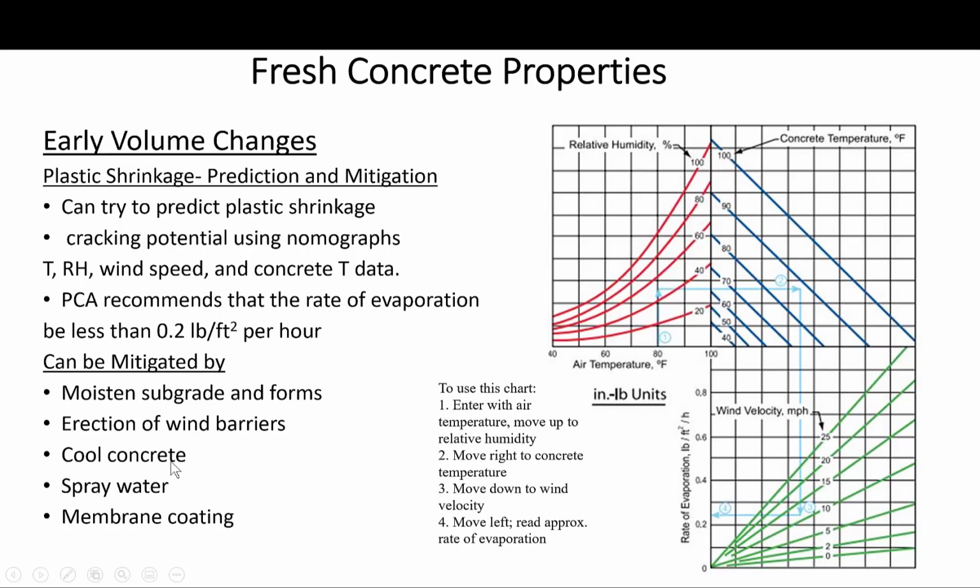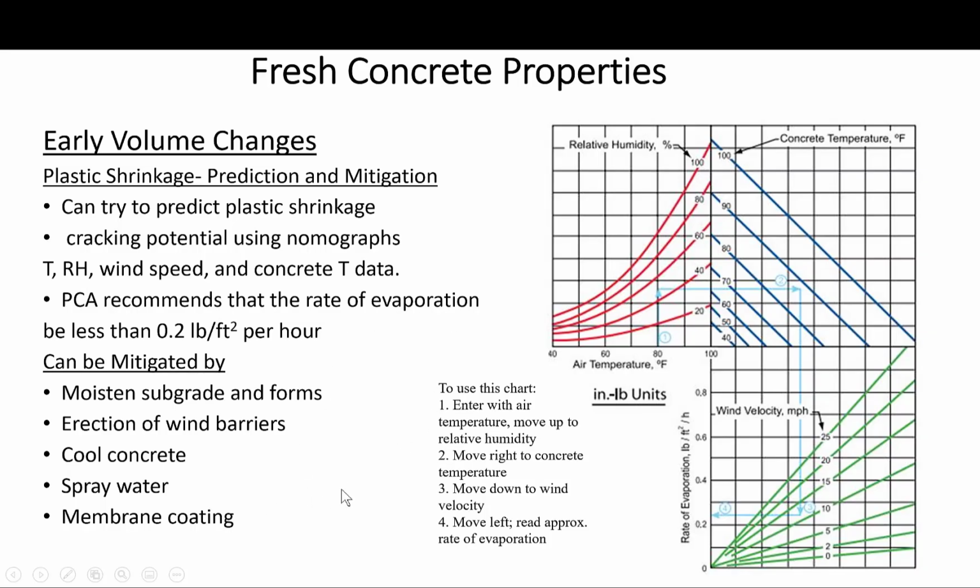We can also cool the concrete by using ice to make sure the concrete temperature, which is again a factor, we can reduce it by using ice. We can spray water, basically, to reduce evaporation from the concrete itself. We can use membrane coating. I mean, yes, concrete in hot weather is really a challenge, but there are many things we can do to mitigate its effect.